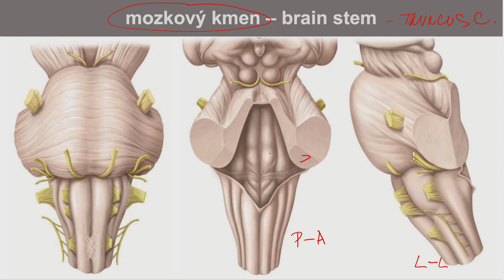This is a sulcus medianus, median sulcus, and here this is a sulcus limitans. Sulcus limitans is a groove which is splitting two parts.